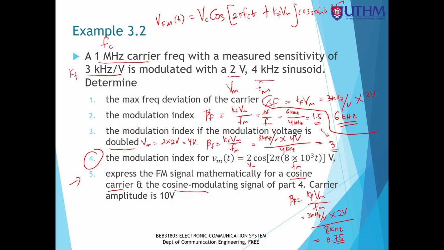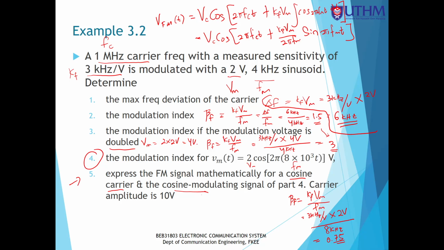Okay, like this. So you will get this Vc cos 2 pi fct plus kf Vm over 2 pi fm sine 2 pi fm t. Okay, integral, of course you're going to get a positive sign.